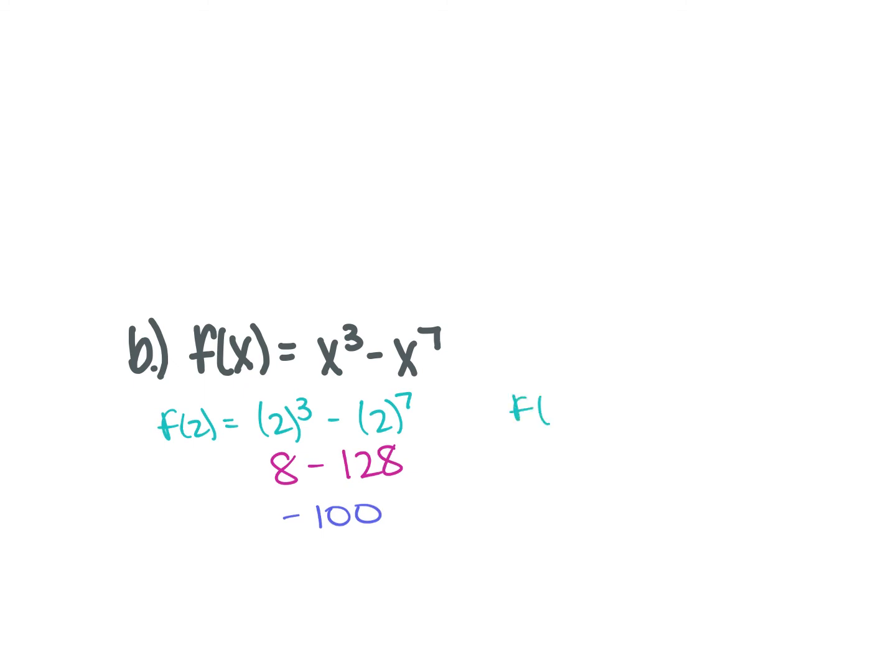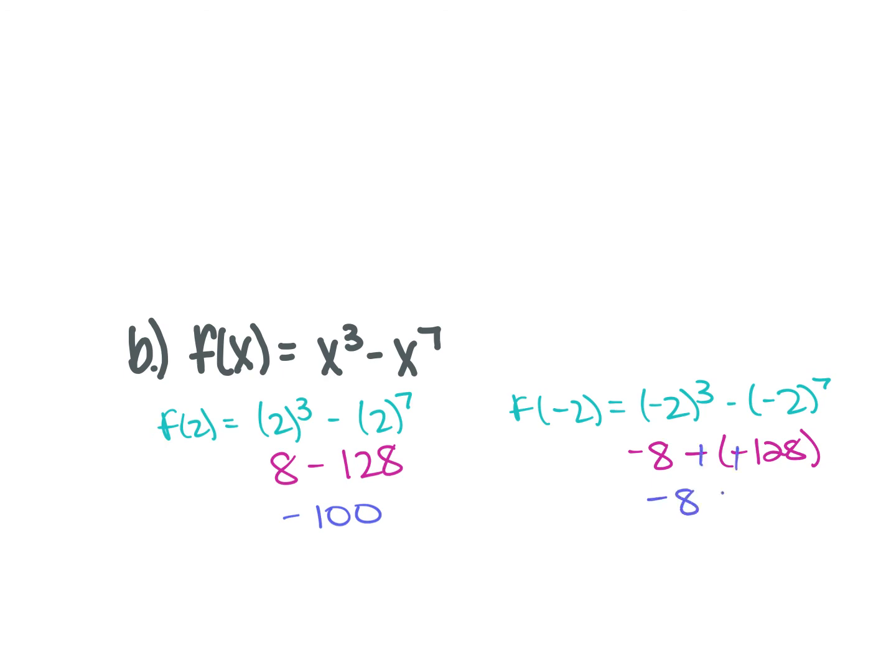If we find f of negative 2, that's negative 2 to the 3rd power minus negative 2 to the 7th power, which is going to give us negative 8 minus a negative 128. So this ends up becoming a positive 128.